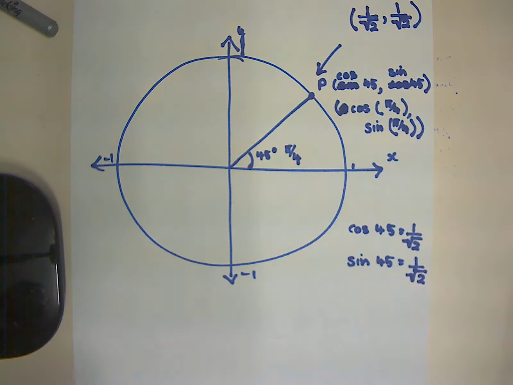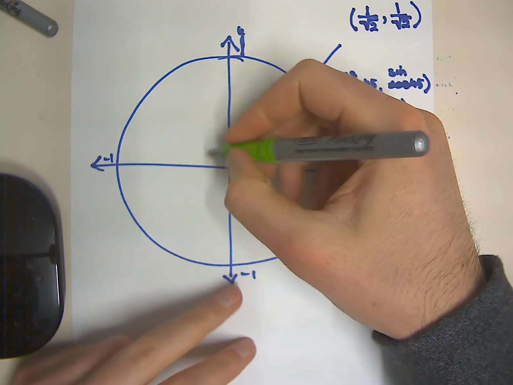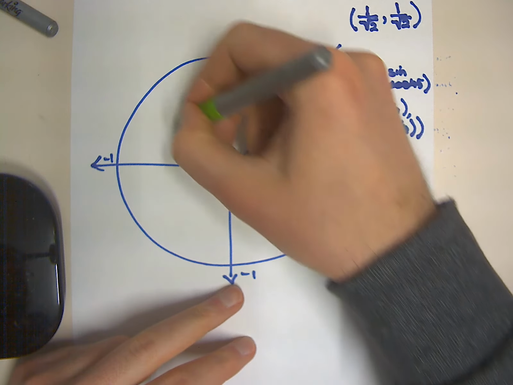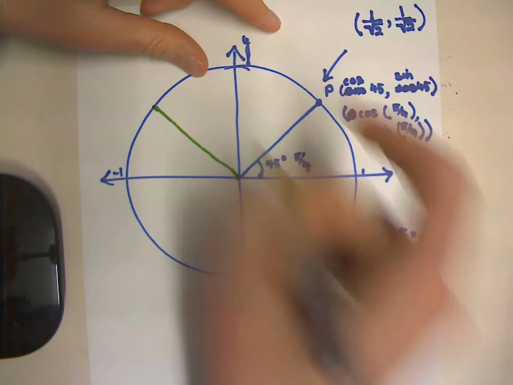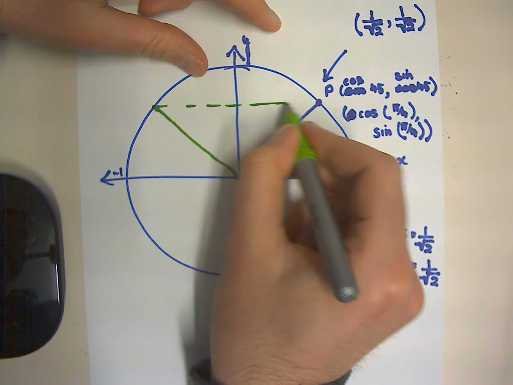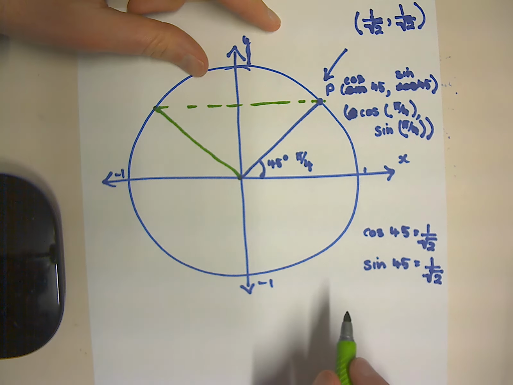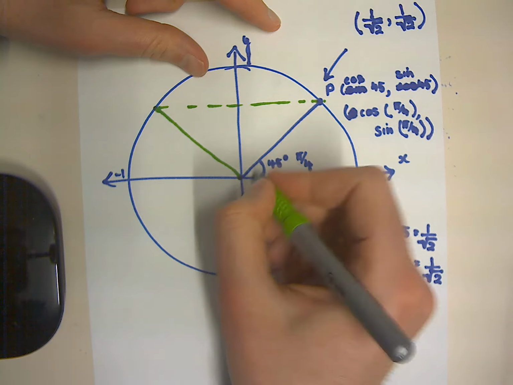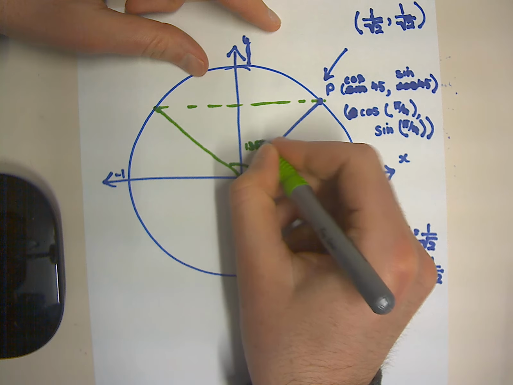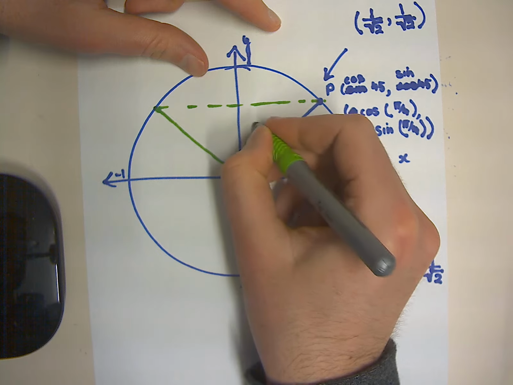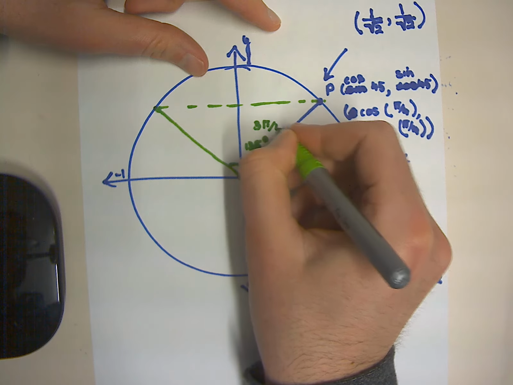Now, if I draw a line coming out here, let's say that this is at the same height there. And what that means is that this angle here is 135 degrees, or 3 pi on 4.